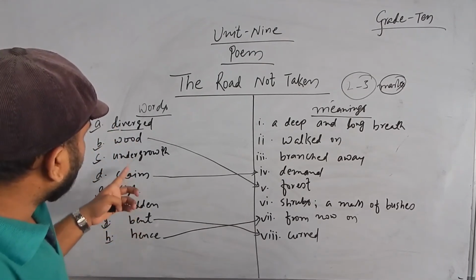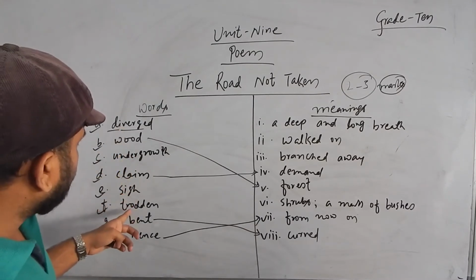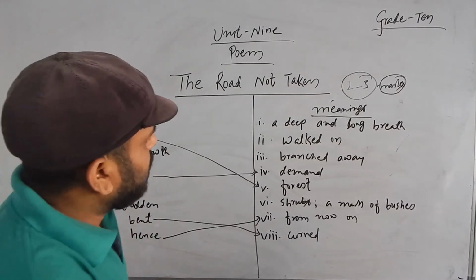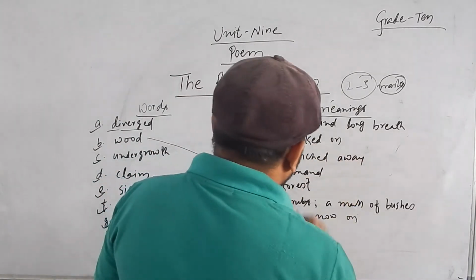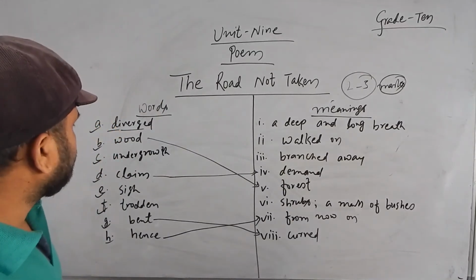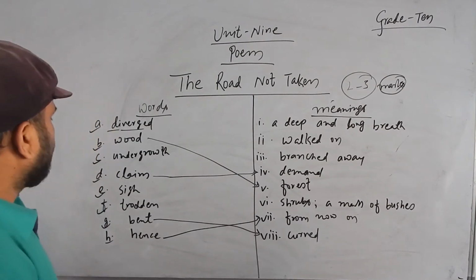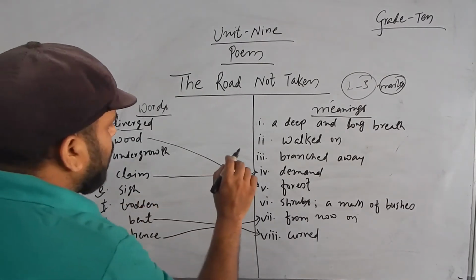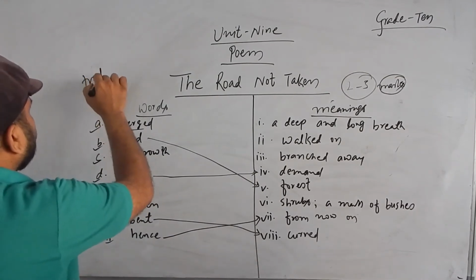Next, again come to the meaning words that you may find: diverged, sigh, trodden. These three are left. It is a deep, long break, walked on, branched away. So, if you are confused, what will we do? Let's see, walked on, trod, T-R-O-D, trod.